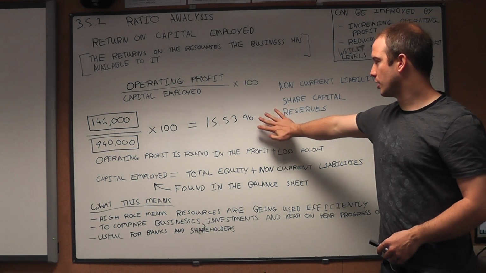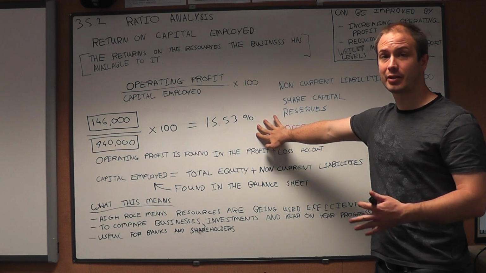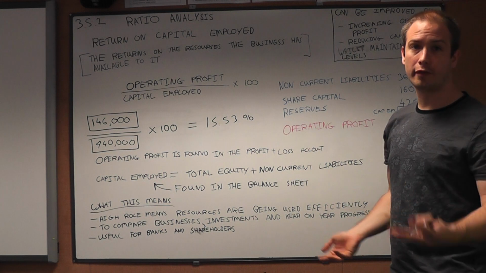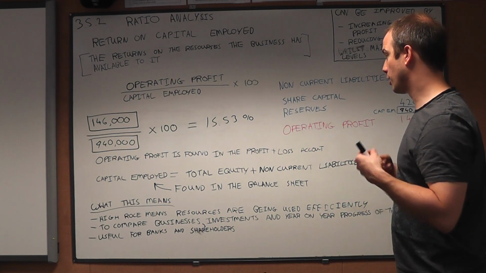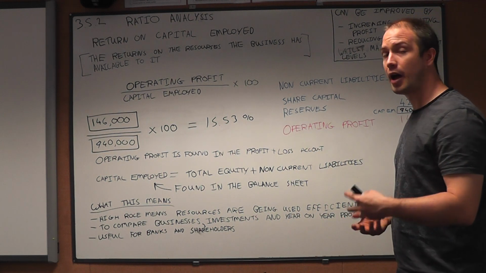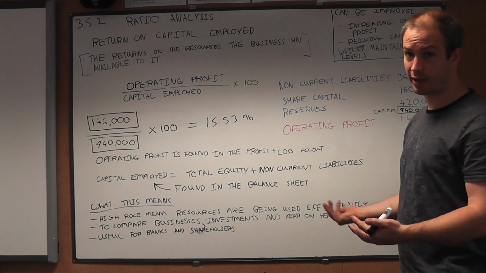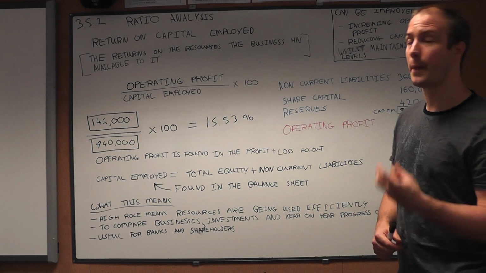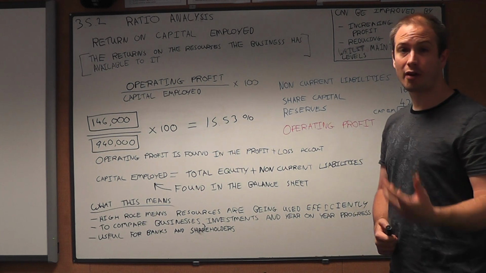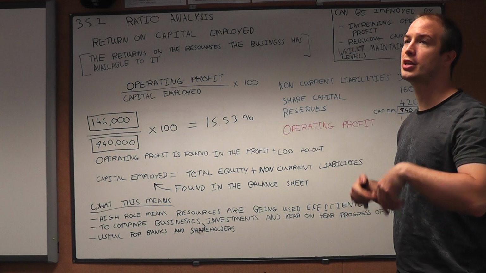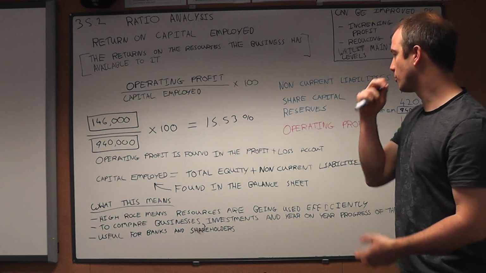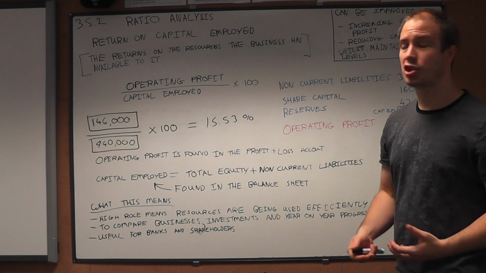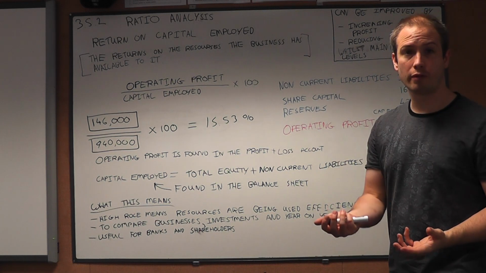So you would expect this to be much higher in order for it to be a credible investment. Another thing the return on capital employed is useful for is comparing businesses. If you've got a number of different business ventures and you're trying to decide which one you might go to, you would consider what the return on capital employed is. Where can I get the best return on my pound? Obviously, there are other things to consider. Is that business looking to invest in the future that it might reduce your dividends? Is it a risky venture? Do you think the trend is going to improve over time?